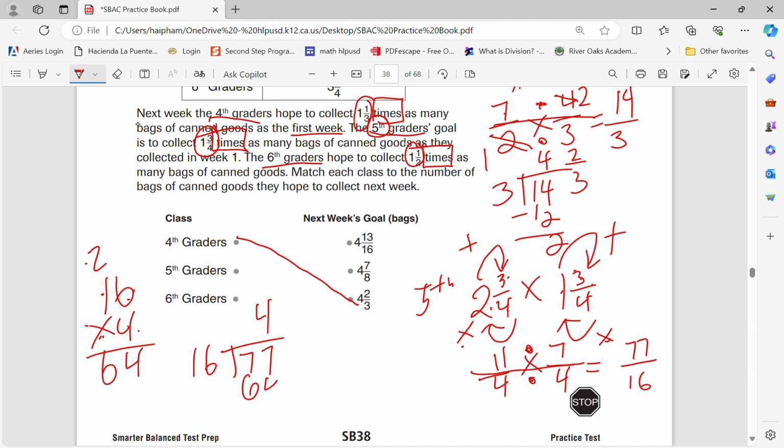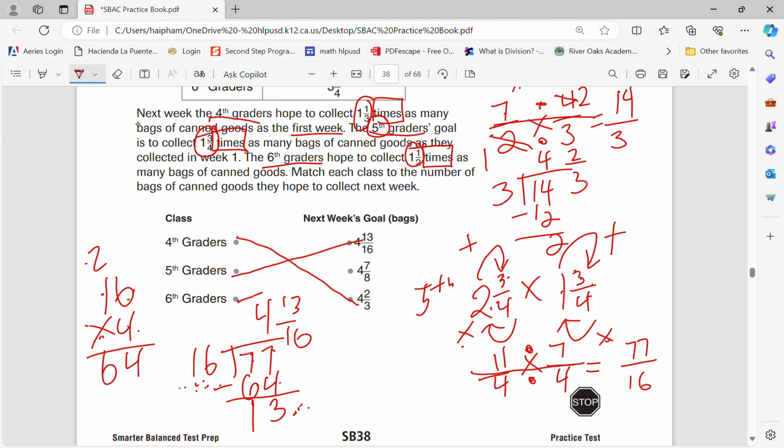So here we have 64. And when you subtract 7 minus 4, that would give me 3. 7 minus 6 is going to give me 1, which is 13. Since the remainder is smaller or less than the divisor, it is just right. So we have 4 and 13 over 16, which matches the mixed number above.